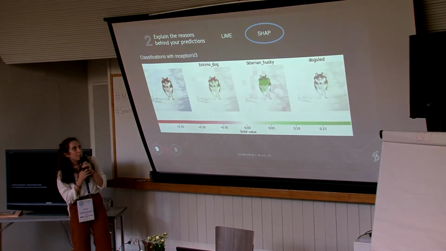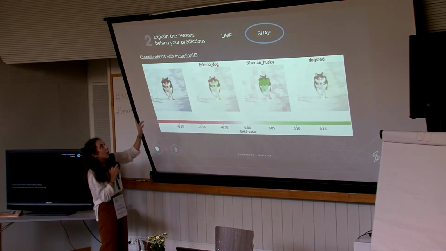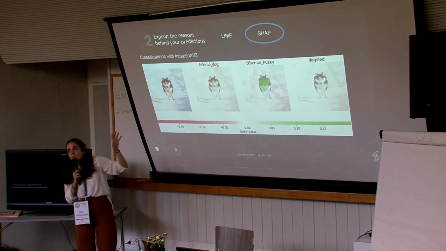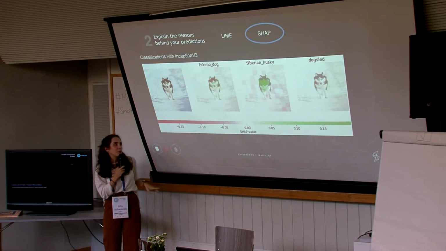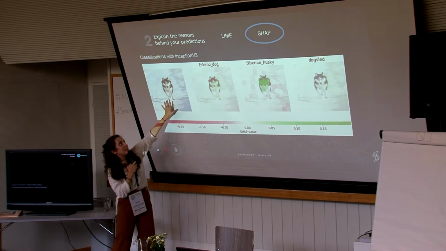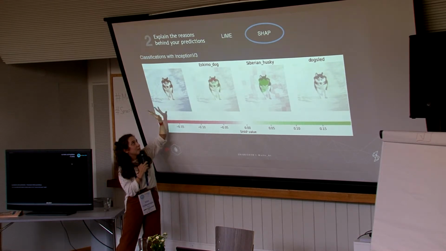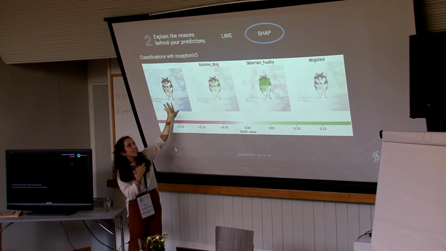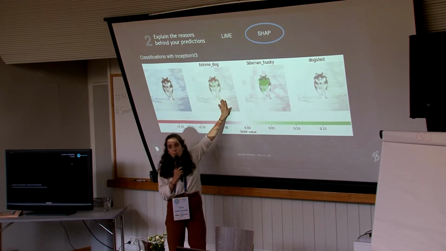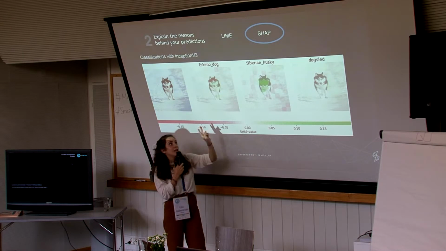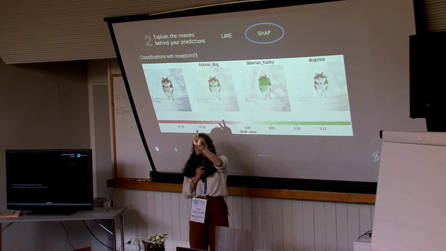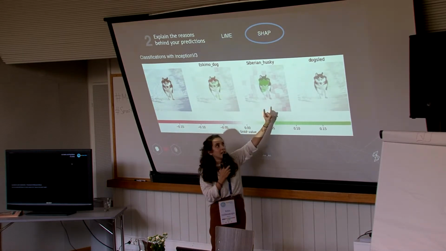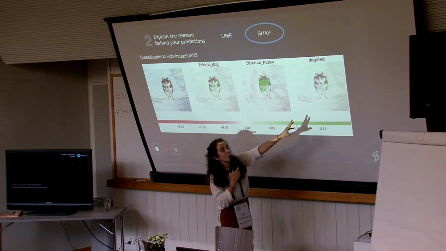There is another example with computer vision. I was using Inception, one of the most famous computer vision algorithms, to understand what this image is. My algorithm told me that this is an Eskimo dog. This was my algorithm's first prediction. The second prediction was a Siberian Husky, and the third one was a dog sled.